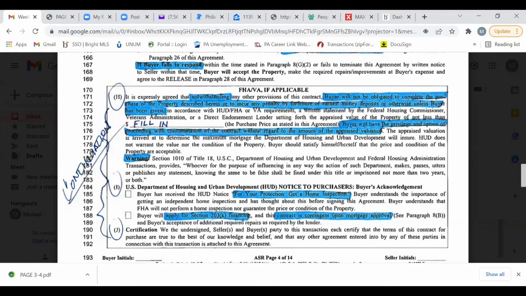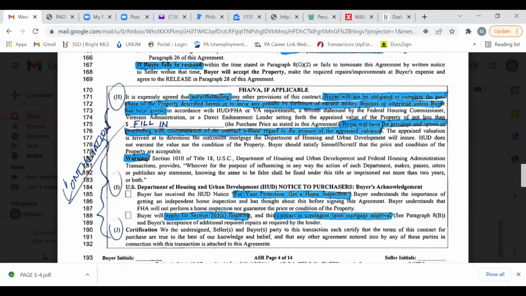Paragraph H: it is expressly agreed that notwithstanding any other provisions of this contract, buyer will not be obligated to complete the purchase of the property described herein or to incur any penalty by forfeiture of deposit money unless buyer has been given, in accordance with HUD, FHA, or VA requirements, a written statement by the Federal Housing Commissioner, Veterans Administration, or a direct endorsement lender setting forth the appraised value of the property of not less than fill in.